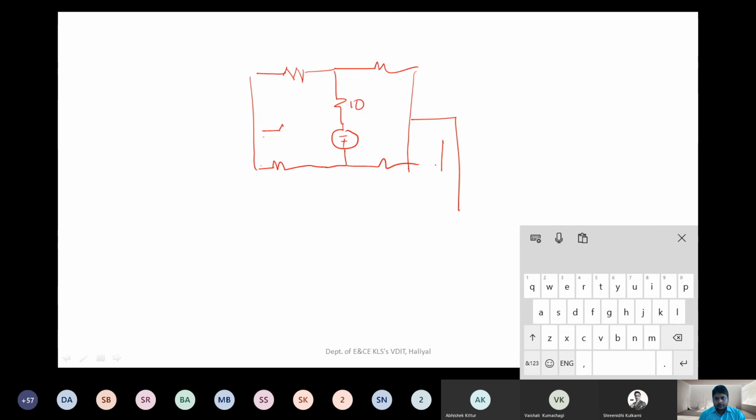It should be assumed here in the Ix direction like this. So we have the loop current I3. In that case, Ix will become equal to I3. Okay, are you following this? What I'm telling now? Yes, sir.